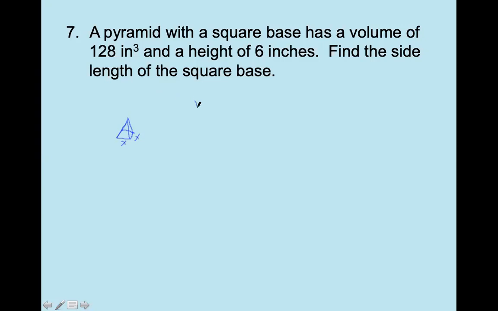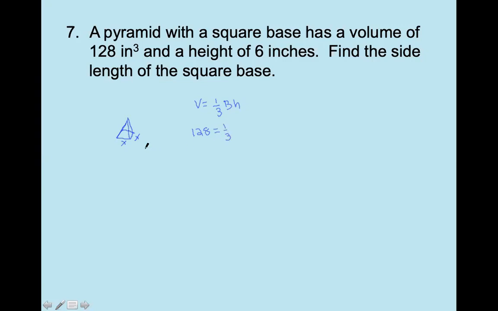The volume is 1/3 times the base area again, times the height. All right, let's fill in what we know. We know the volume is 128 cubic inches. We know we're going to have a 1/3.